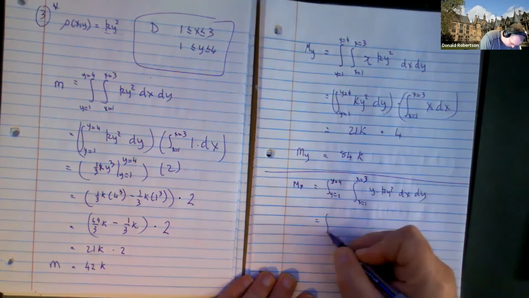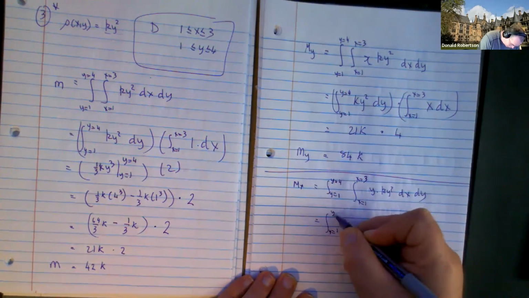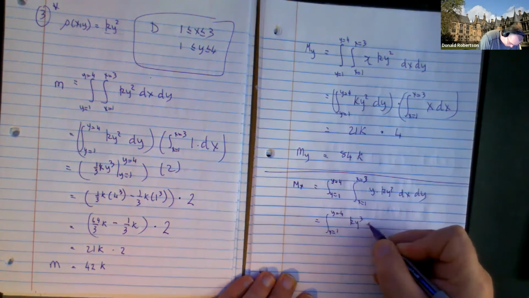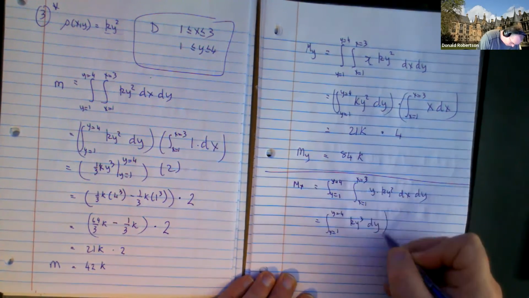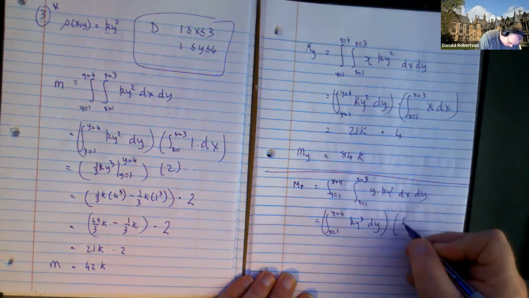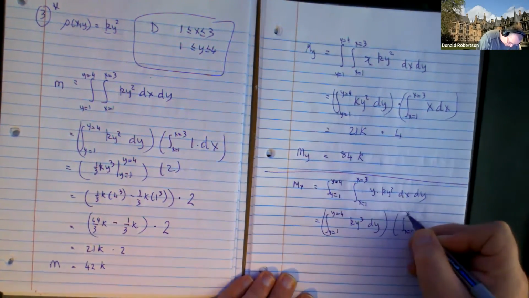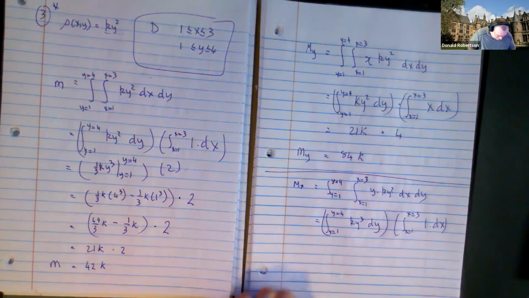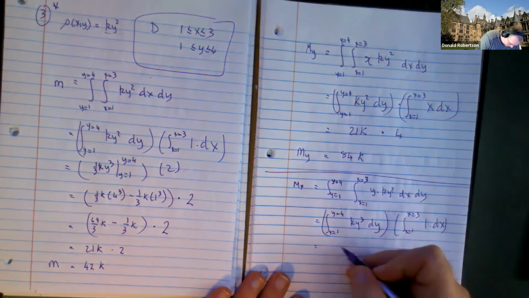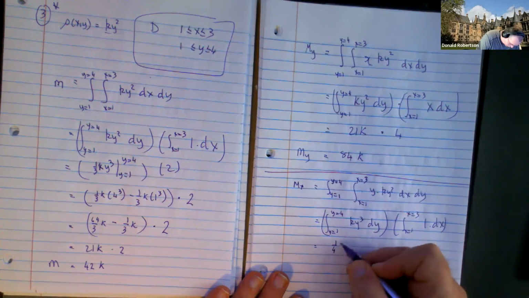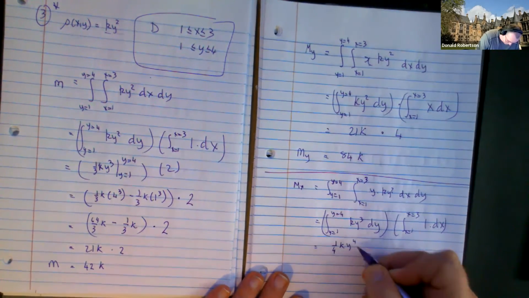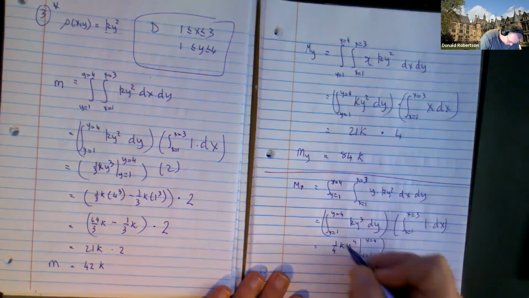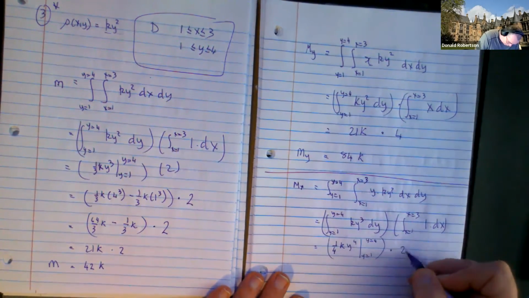And that separates out as y equals 1 to 4 of ky cubed and x equals 1 to 3 of just 1. That one I don't want to do in my head, so it's 1/4 ky to the 4, evaluated at 1 and at 4. And this guy is just 2.